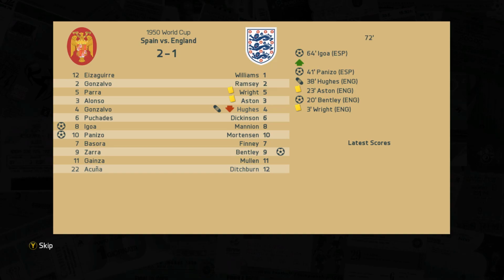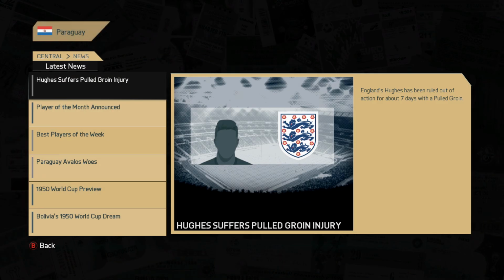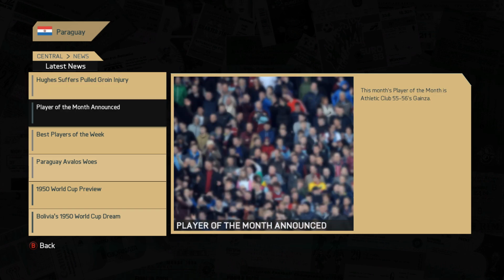Spain scores their second goal, 64th minute. England red carded, 79th minute. Now they're down to 10 men. They can't rescue the situation, and Spain beat England 2-1. England's Hughes has been ruled out of action for about 7 days with a pulled groin.